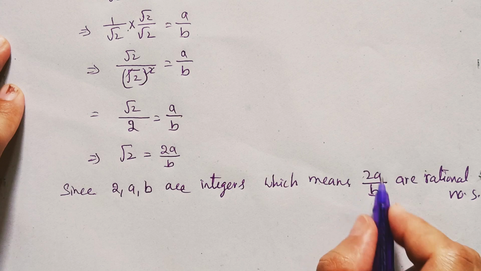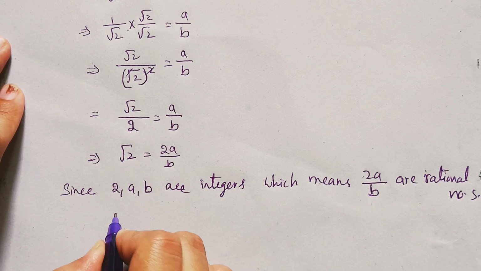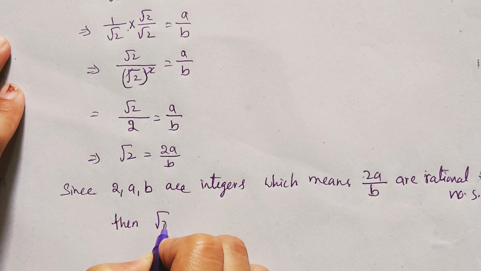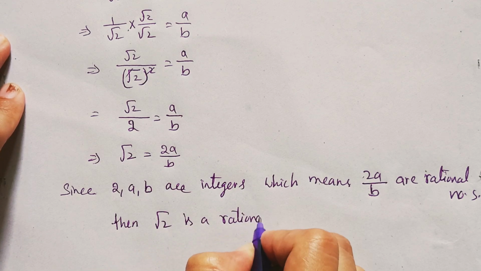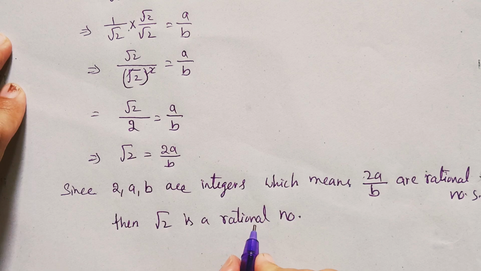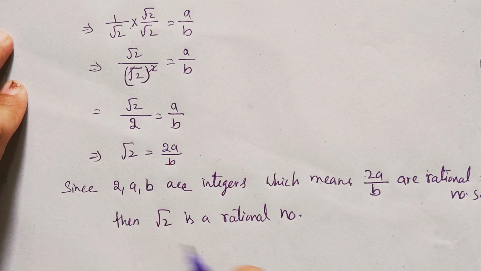If 2a by b is a rational number, then root 2 is also a rational number. But root 2 is not a rational number, right? Because we have already proved it in the theorems and examples.